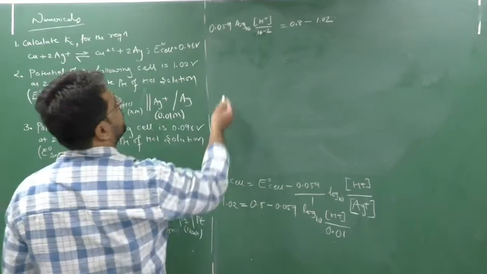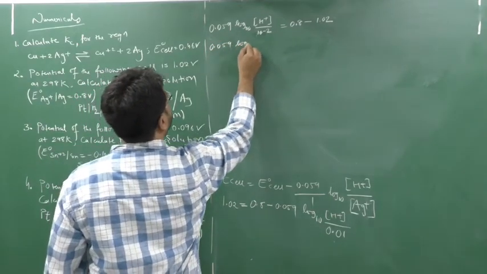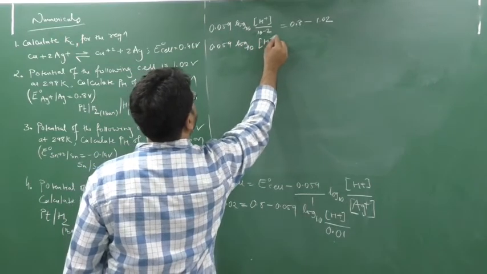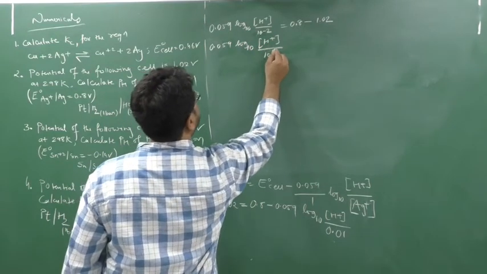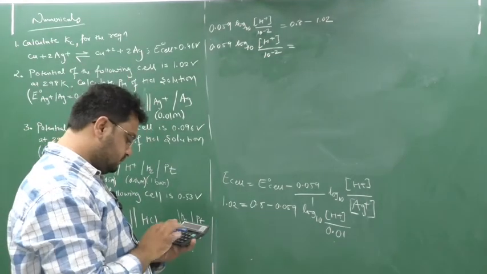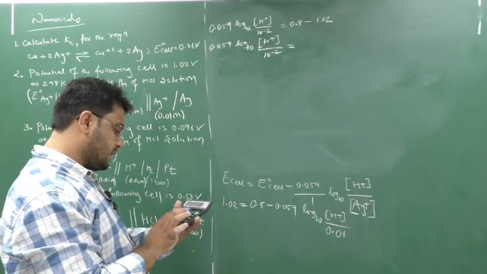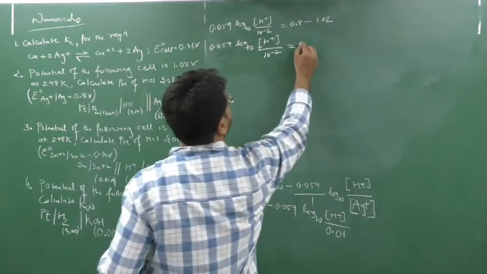Now I write down here 0.8 minus 1.02, so I get the answer as minus 0.22.